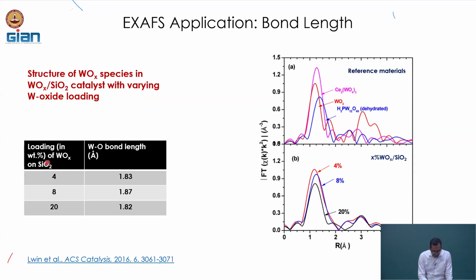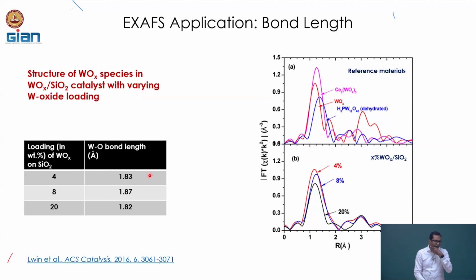Okay, so if we have some information on the structure of this catalyst, so this is like a model fitting, and we can take that model like we have a mixture of tetrahedral and octahedral, or we have just pure tetrahedral or pure octahedral, and then we keep the parameters free on the bond length as well as the number of nearest neighbors that the tungsten can have, and we try to fit the experimental data as closely as possible from our model, and based on that the best fit gives us the tungsten oxygen bond length.